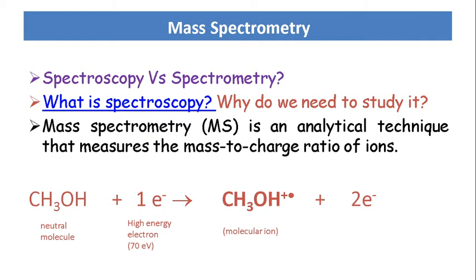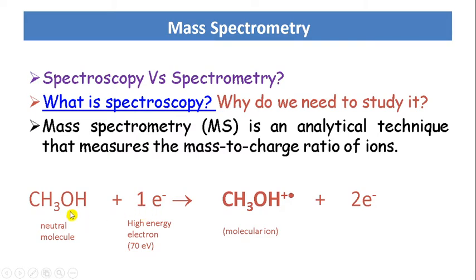Now look at this neutral molecule, CH3OH. When we bombard it with 70 electron volt of energy, this electron ejects one more electron from this neutral molecule.